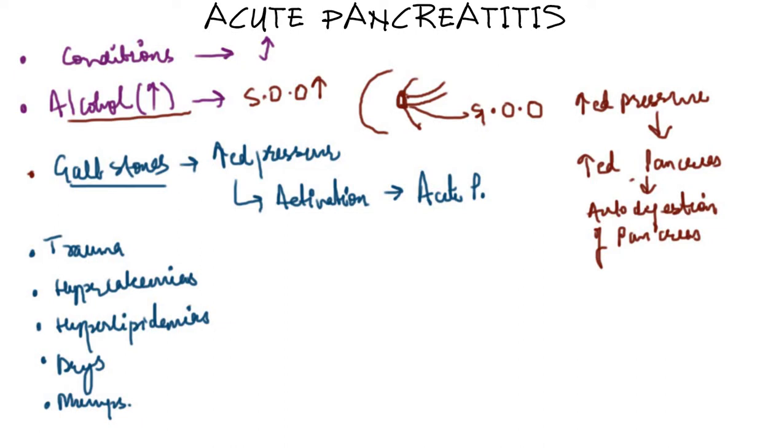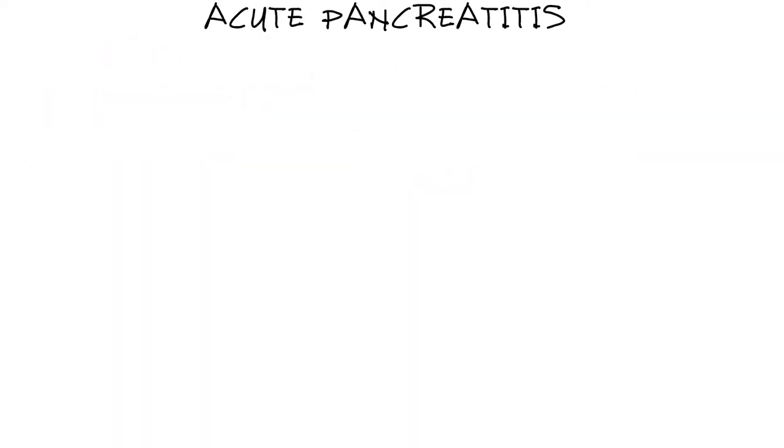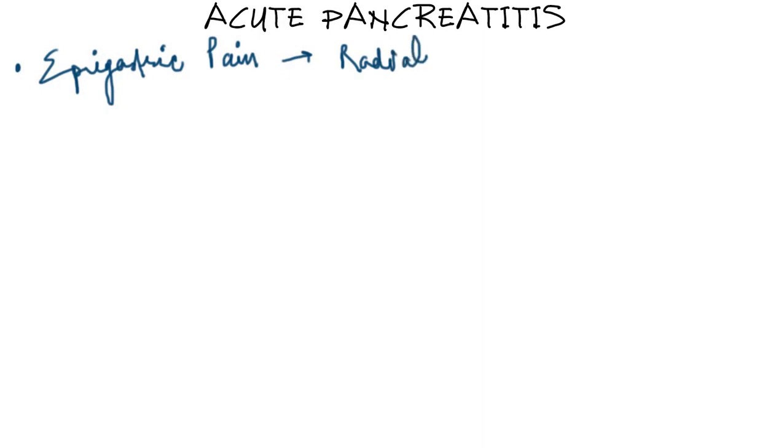Now let's look at the clinical features of acute pancreatitis. The first and foremost feature found in acute pancreatitis is epigastric pain. This is the pain which takes place in the epigastric region, and the classic thing is that it radiates to the back.